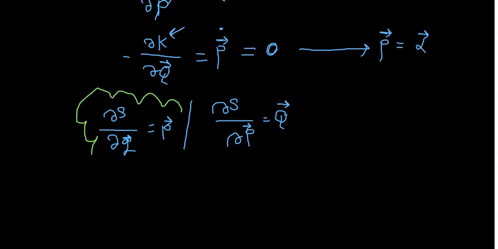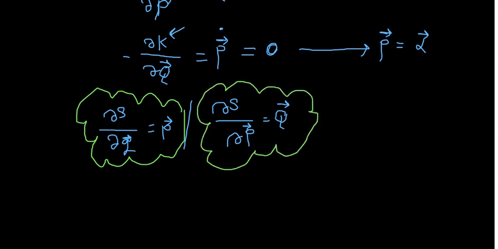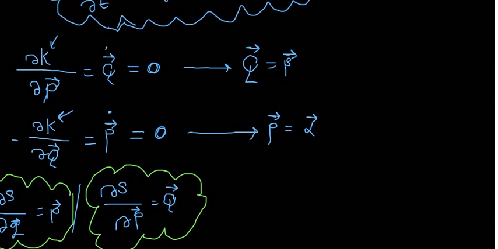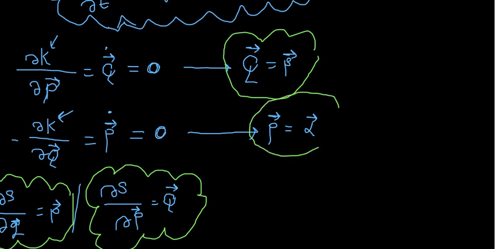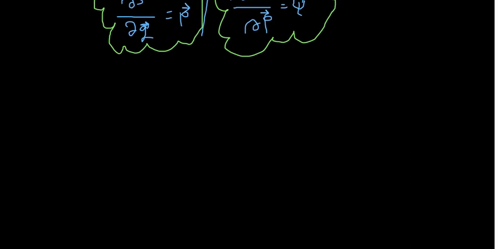So let's rewrite the Hamilton-Jacobi equation. As we know, partial t of the function S, and this function is a function of one of the old canonical variables q and one of the new canonical variables, which is P capital.